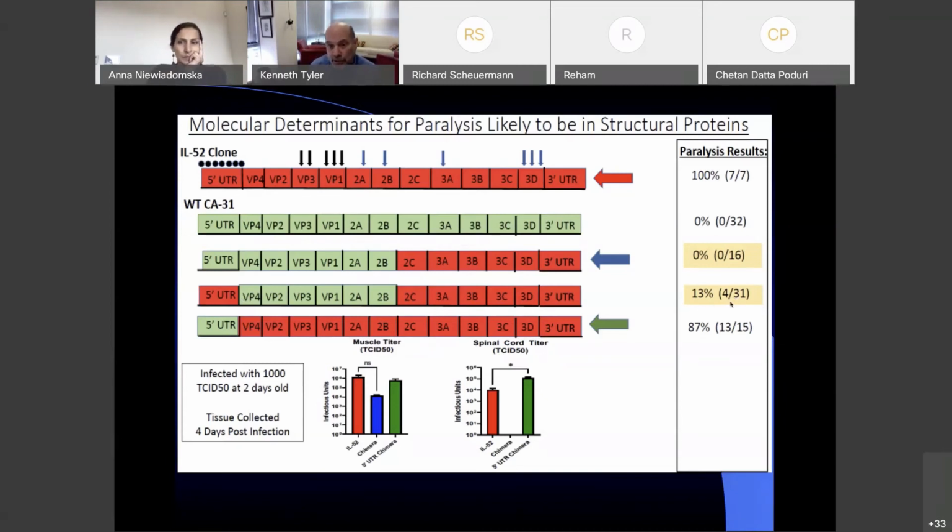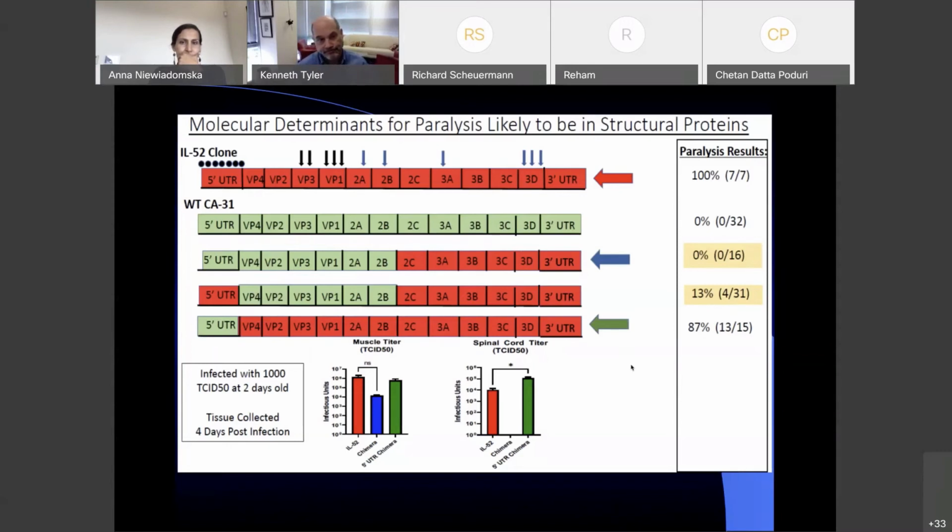And conversely, if you take away the 5' UTR from the virulent strain and put in the attenuated one, the virulence maybe drops a little bit. These results seem consistent and are statistically significant, but we need to do more work. It does suggest there's probably at least a minor virulence determinant in the 5' UTR in terms of paralytogenesis.